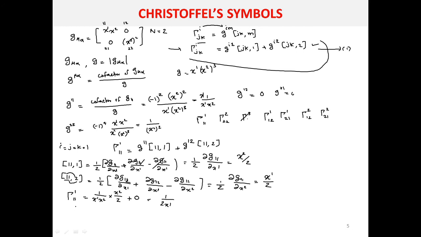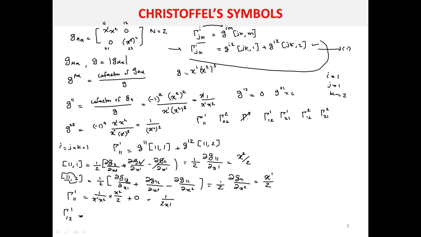In a similar way you can find the values of gamma 2 2 2. I will calculate one more, let it be gamma 1 1 2. To get gamma 1 1 2, you have to put i equal to 1, j equal to 1 and k equal to 2.